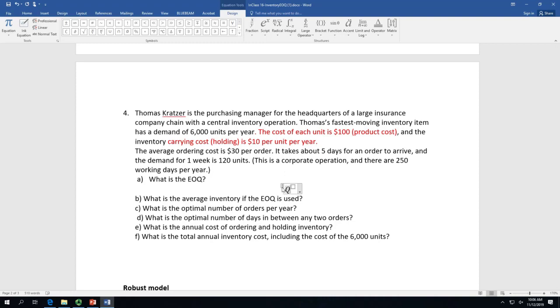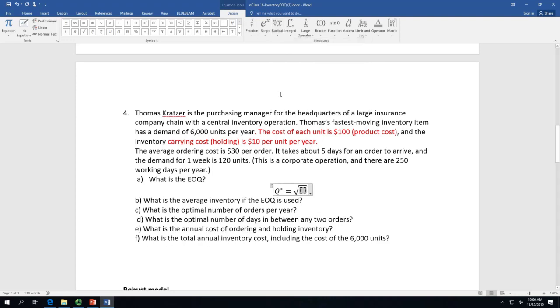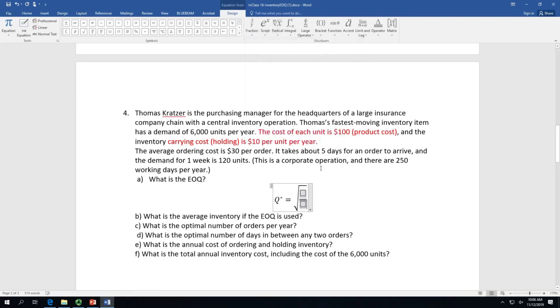So it is Q, and here we make the Q star, and it equals the square root of 2 times D divided by the holding cost, and also on the top you should have S as well.